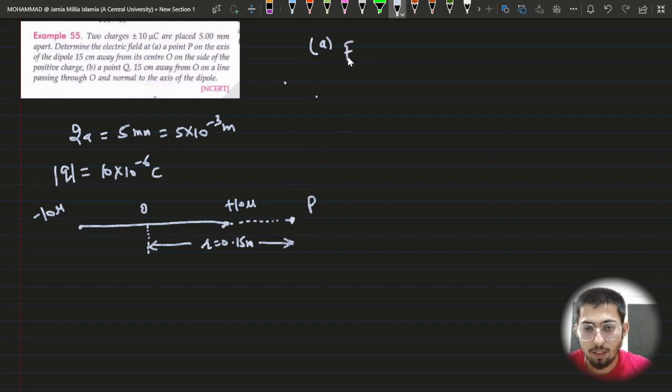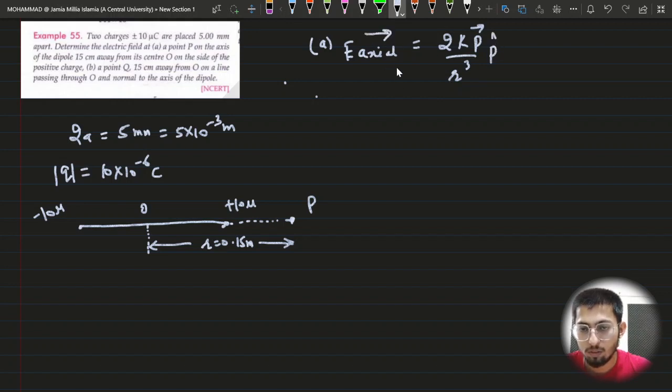What is E axial? 2kp divided by r cube, in the direction of p. So 2kp, what is p? q into 2a. q is 10 into 10 to the power minus 6, 2a is 5 into 10 to the power minus 3.